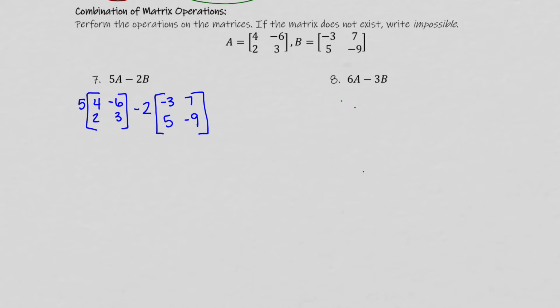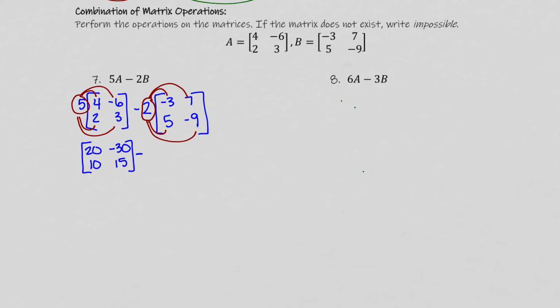Now, because this is actually a subtraction problem, when I distribute, I will distribute this 5 to everything inside matrix A. And then I'm going to just distribute the 2 inside matrix B. So 5 times 4 is 20. 5 times negative 6 is negative 30. 5 times 2 is 10. 5 times 3 is 15.